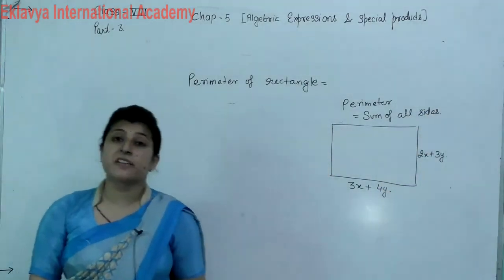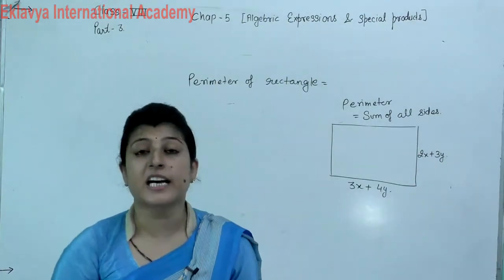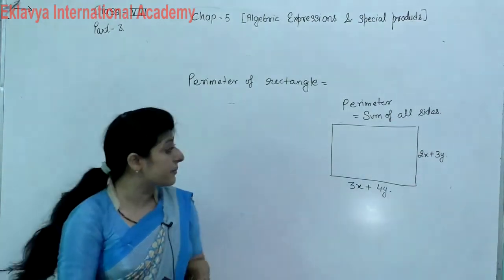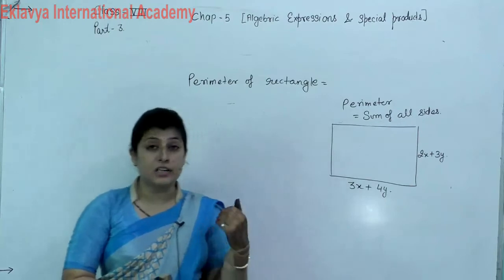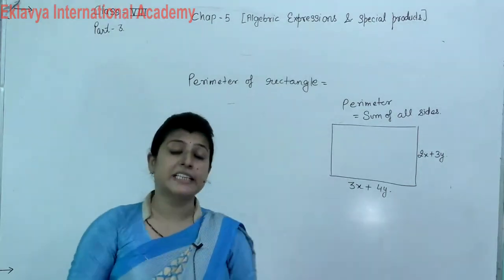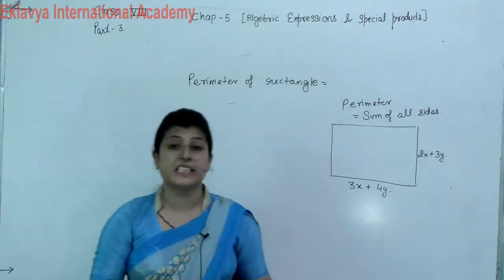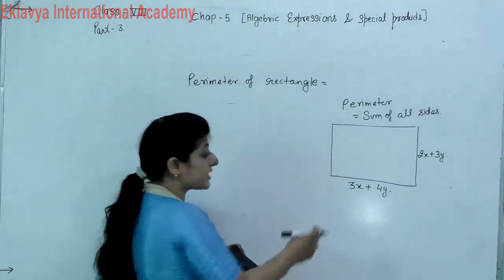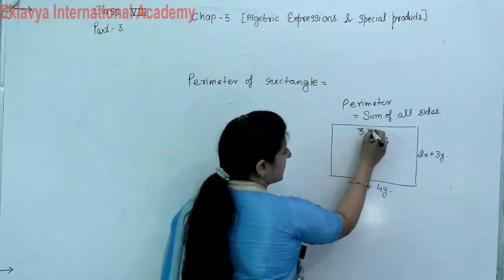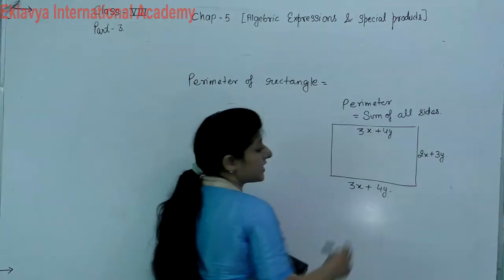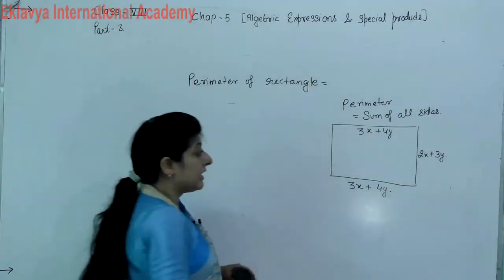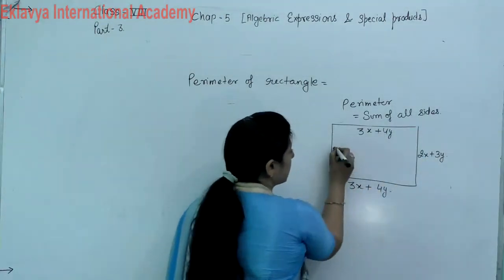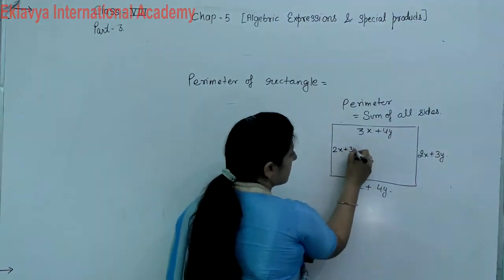What is the specification of a rectangle? In earlier classes you already discussed these things. In a rectangle opposite sides are equal. It means this one is 3x plus 4y, then this is also 3x plus 4y. This one is 2x plus 3y, then this one is also 2x plus 3y.